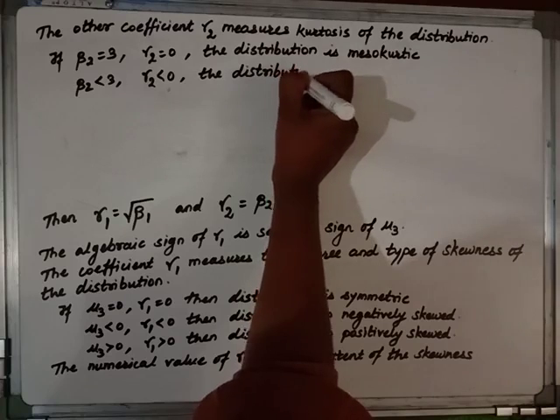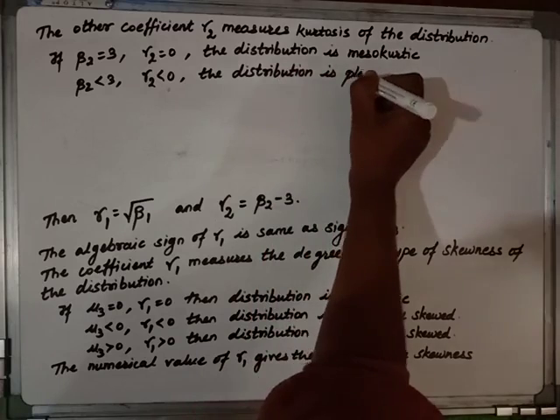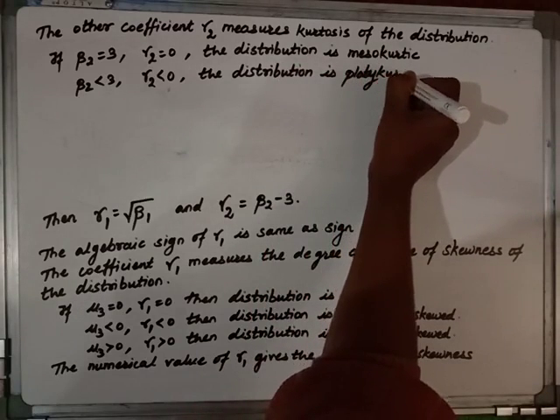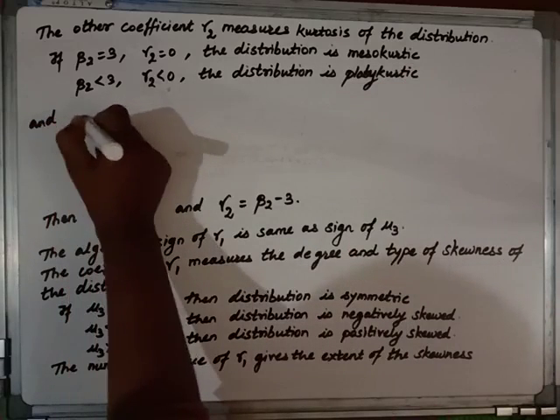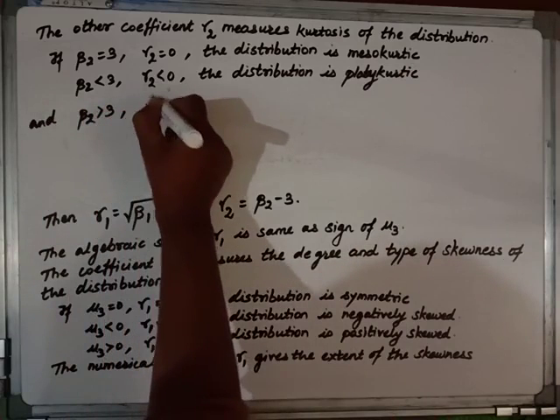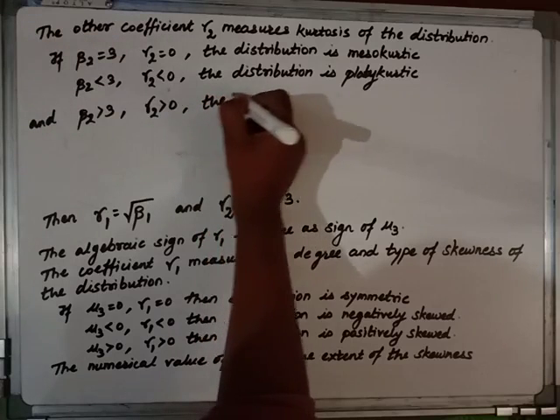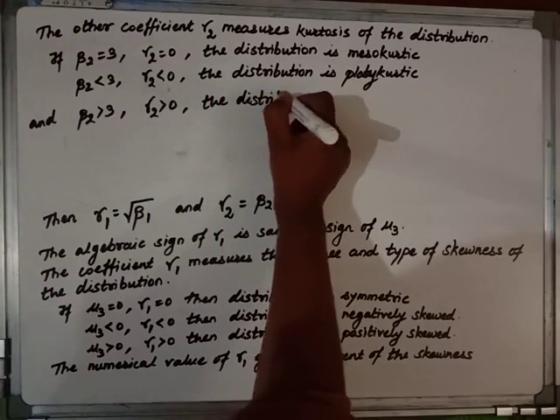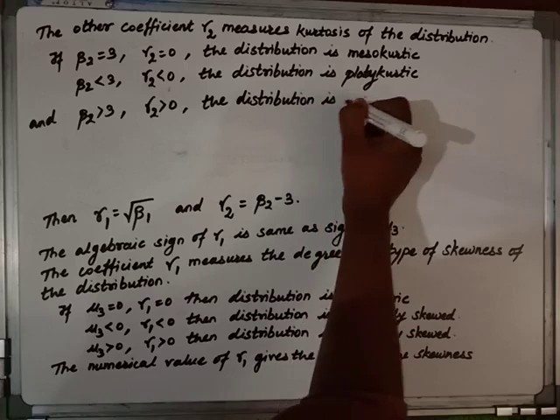And if beta 2 is greater than 3, that time gamma 2 is also greater than 0. The distribution is leptokurtic.